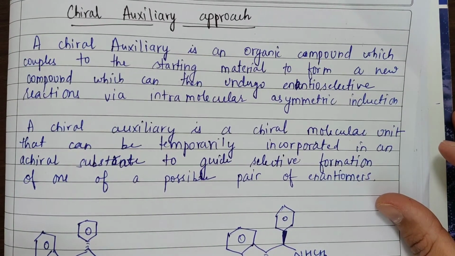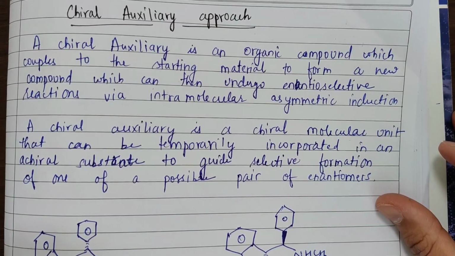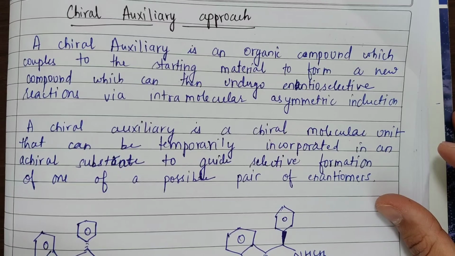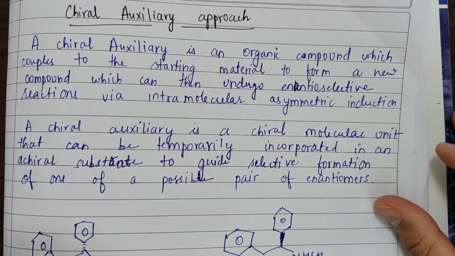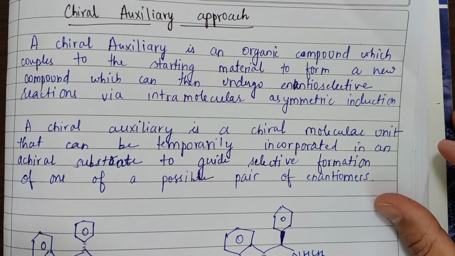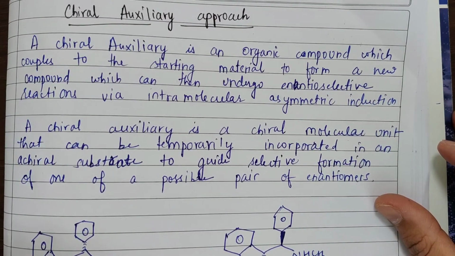Then the auxiliary chiral compound that we attached is removed from the product, and we obtain an optically active compound which is enantioselective.